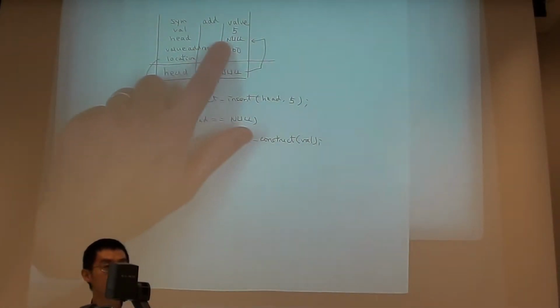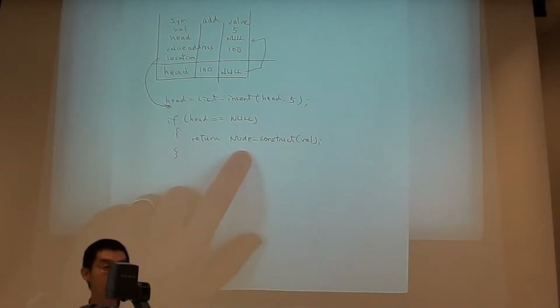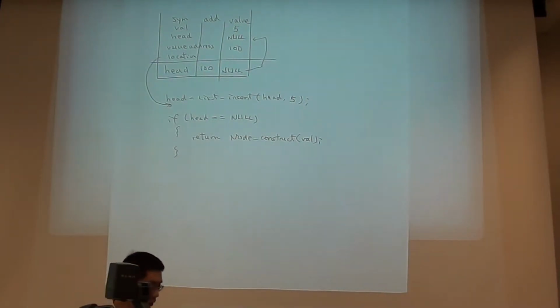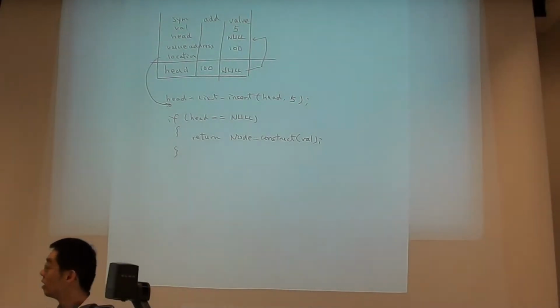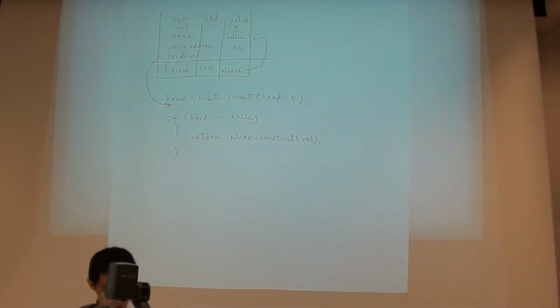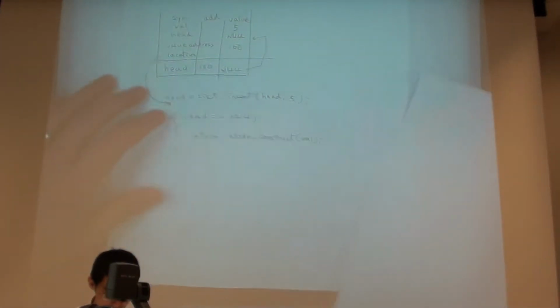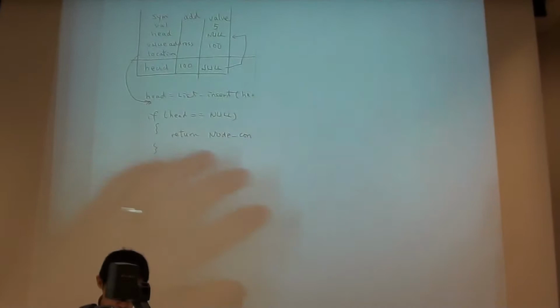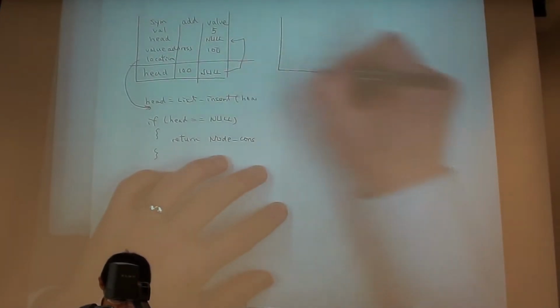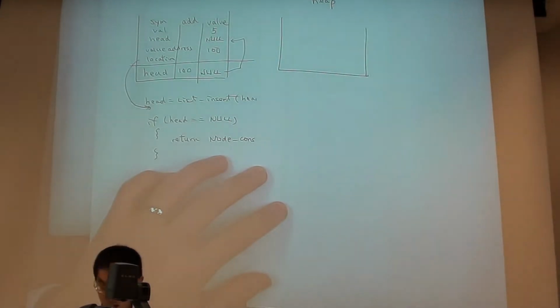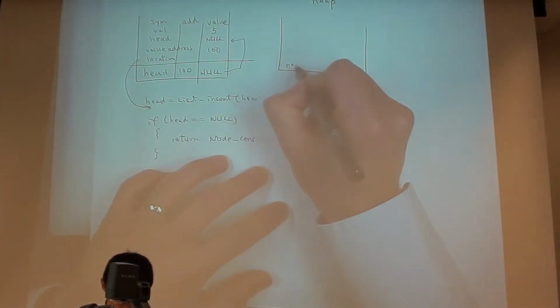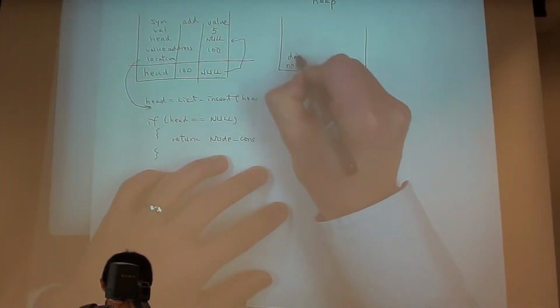Since head is currently null, your code is node construct. Node construct will allocate memory, and when we allocate memory, that means we'll have something in the heap.